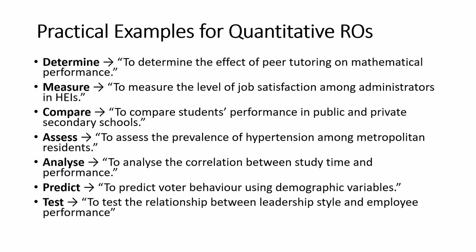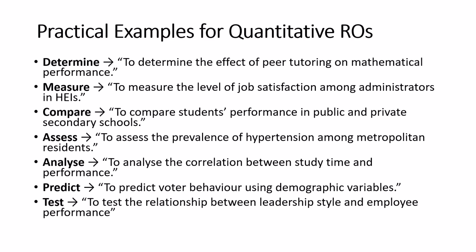You measure, comparing students' performance in public and private secondary schools. What will make people in private secondary schools perform better than those in public? It requires numbers. It requires putting them on a scale, weighing them: which is the least, the most, why is it least, why is it outstanding.